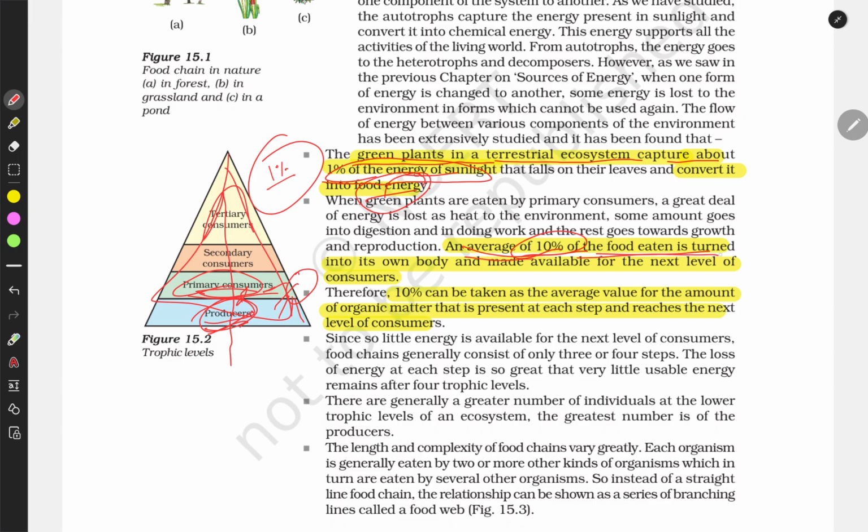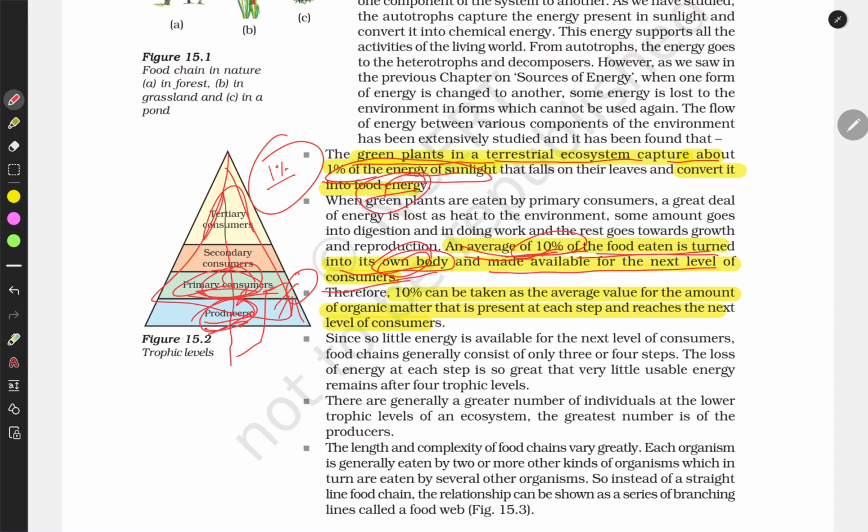An average of 10% of the food eaten is turned into their own body and made available for the next level. They take 100%, and only 10% will be utilized for their own body. The rest will be disposed of.